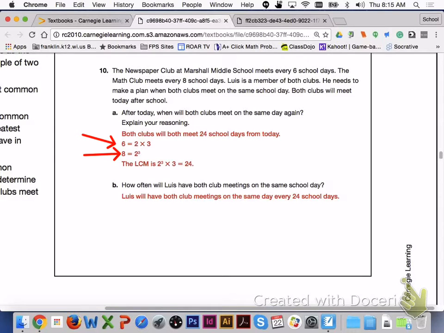Then next we want to determine the greatest power of each factor. 2 cubed times 3 is what we would multiply together in order to get 24 for our product. So then for letter B, Lewis is going to have both club meetings on the same day every 24 school days.